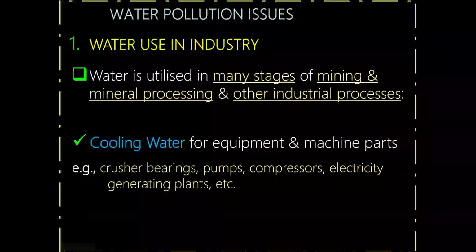And again, to take out the heat from the work environment, you would have to cool it in water. And mind you, whilst you are cooling this equipment and machine parts in water, the water gets hot. So that is one use for water in these industries.